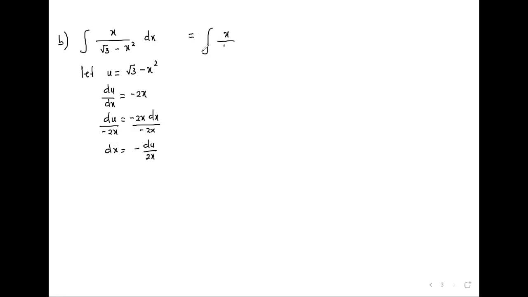x over u times negative du over 2x, which is equal to negative 1 over 2 du over u, since this x and that x will cancel. So now we have negative half ln u plus c.